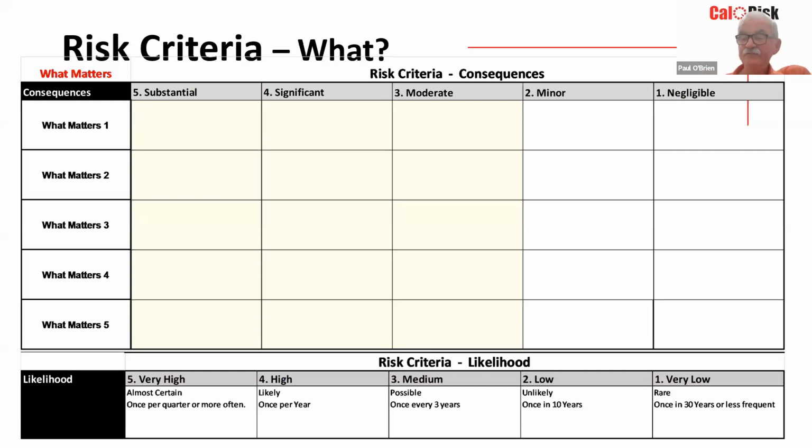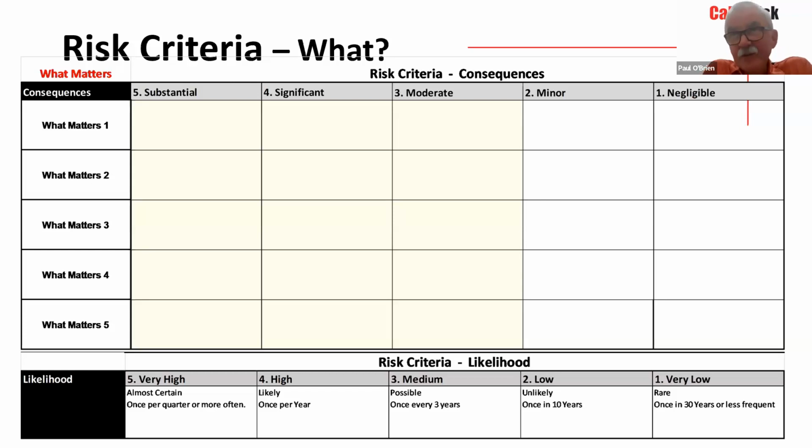And on a scale of 1 to 5, where 5 is the worst case scenario, that gives you the opportunity to describe, for that what matters, what the consequence of a substantial loss or failure is. And for each of these things that matter, the organization can describe its worst case scenario in that 5 box. You may well say that, yeah, that will never happen.